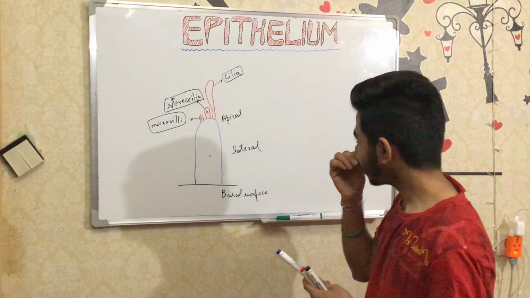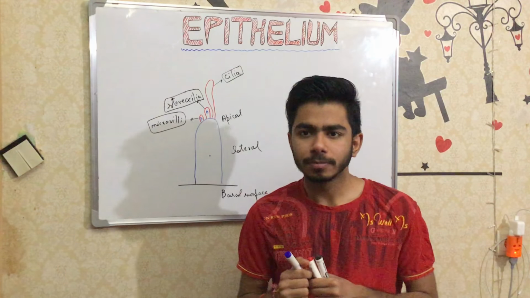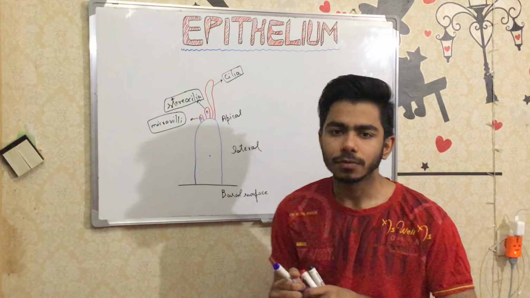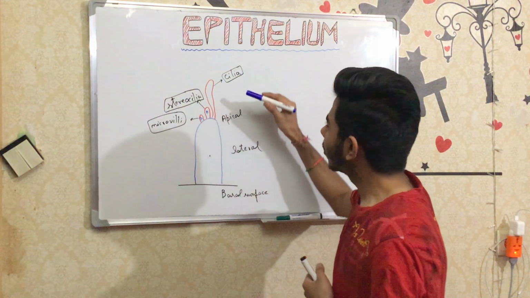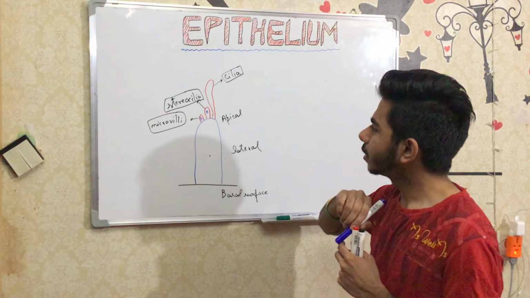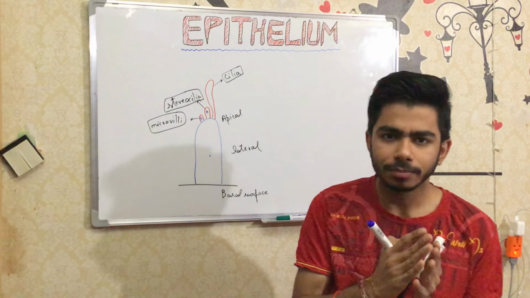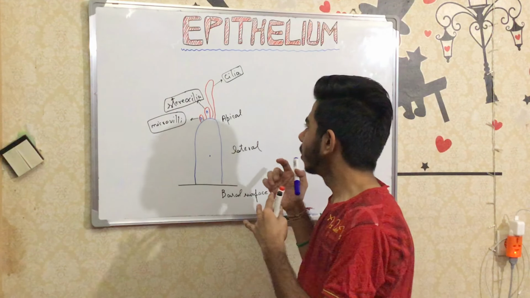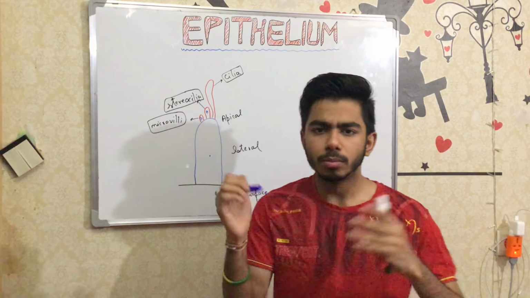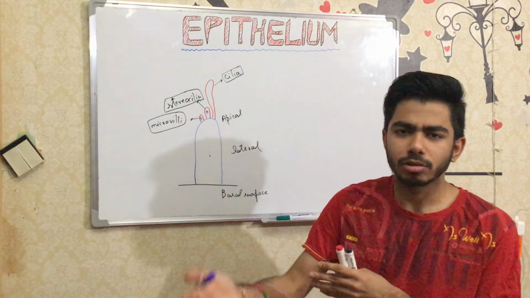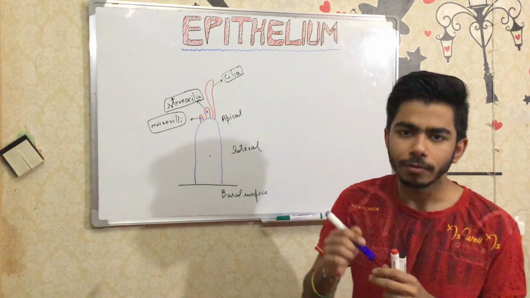So these cilia are very, very important over the apical surface of the epithelium. If we talk about the details of the cilia, what really helps these cilia to move inside the trachea? What structures help it to move?